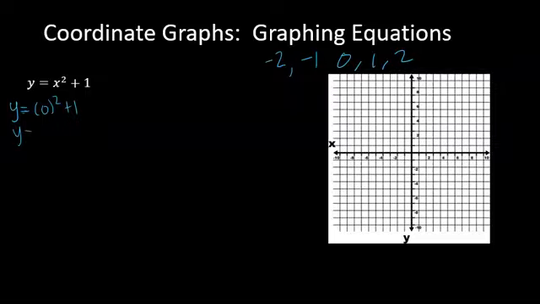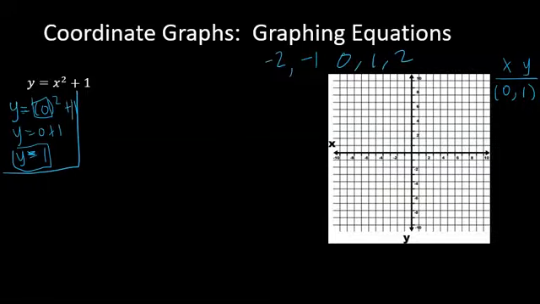Okay, so y equals 0 plus 1, which makes y equal 1. Did I do that right? Yeah. Y equals 1, and then this is what we picked for x. Let's do our x and y math here. I did 0 and then 1. Great, let's do another one.